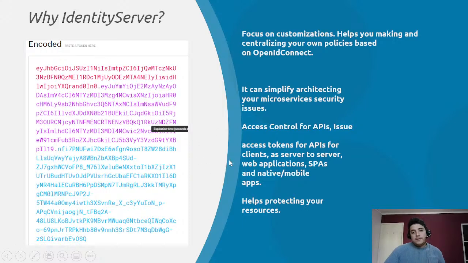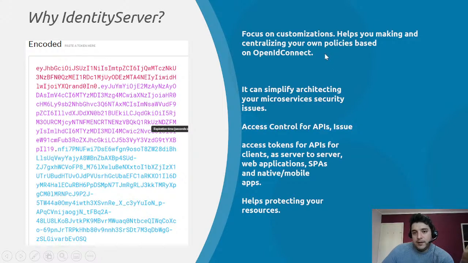Here on the left we have the JWT, that is our web token, and it serves to communicate to our identity server provider that we are or are not authorized or authenticated.